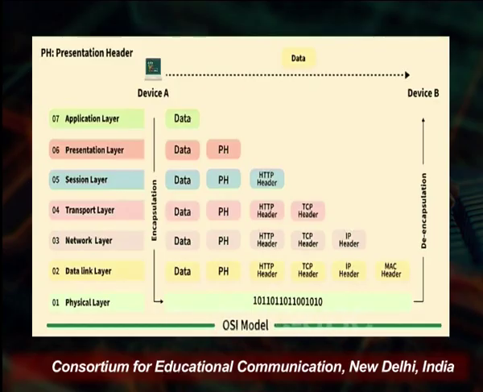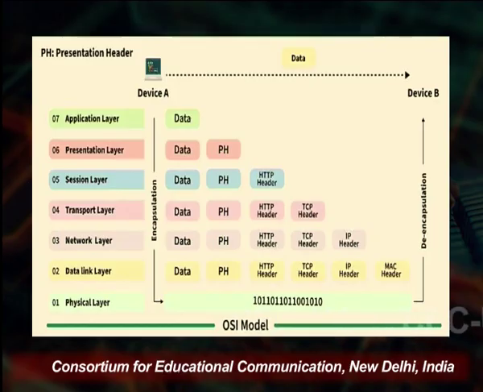It could be web content or something of that sort. Then this data is passed to the layer below it, which is the presentation layer. The presentation layer adds the presentation header and transfers the data to the layer below it, which is the session layer.